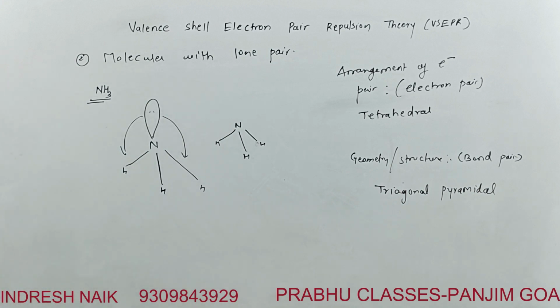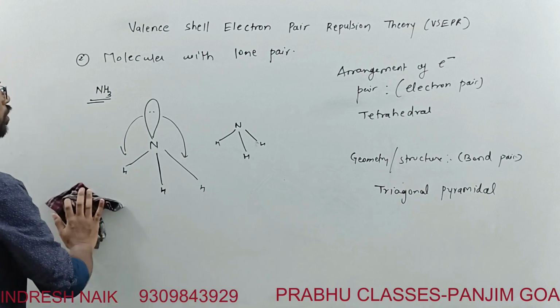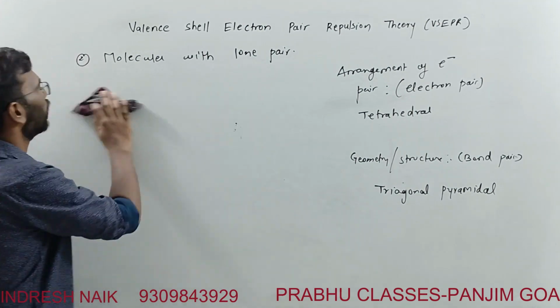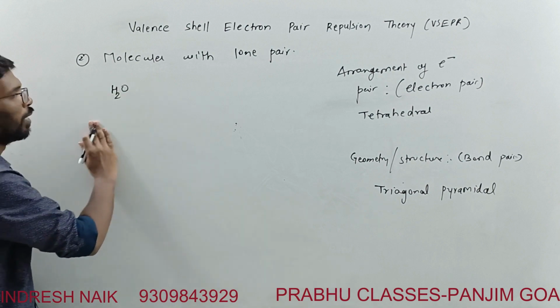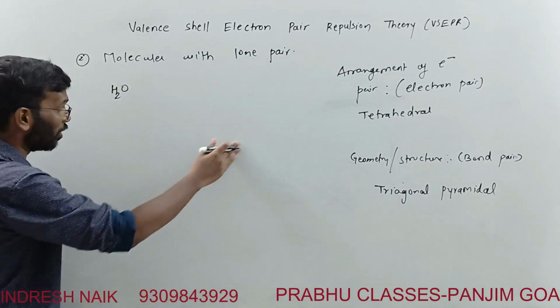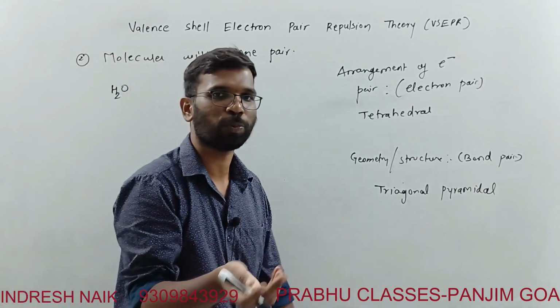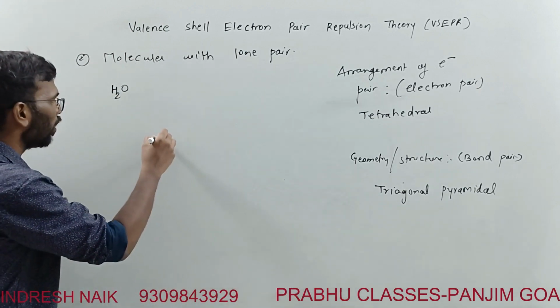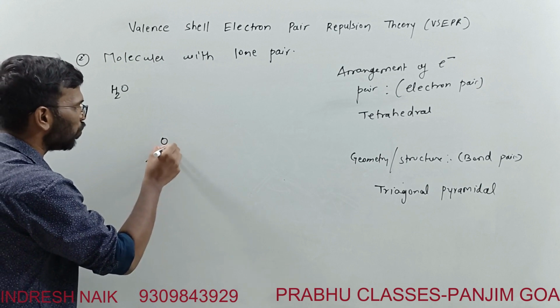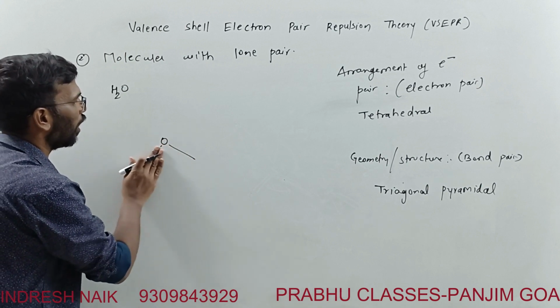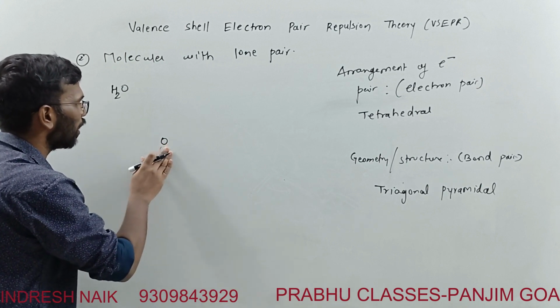Next is H2O. Let's take H2O, two lone pairs. Again, this will have a tetrahedral arrangement. How they will orient themselves in space is tetrahedral. This is oxygen. While showing, we write it this way, but I will show exactly how it will be.